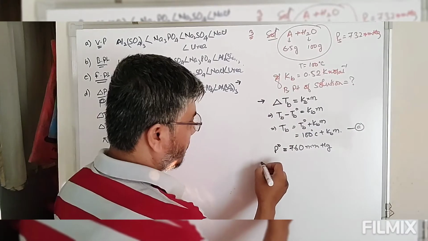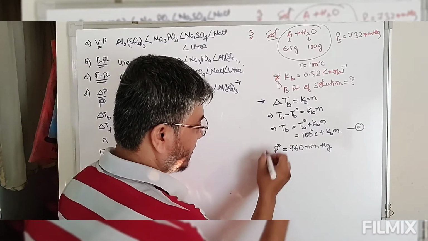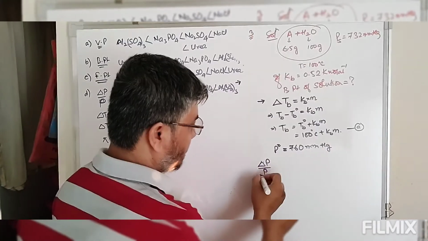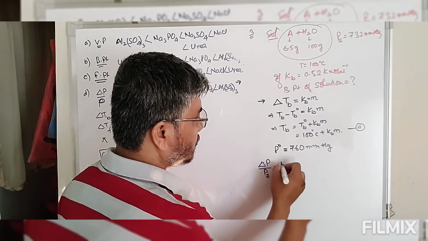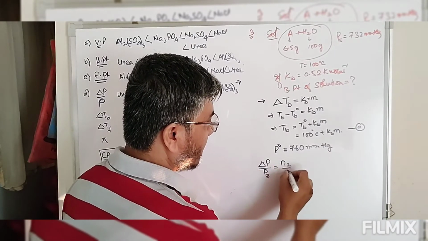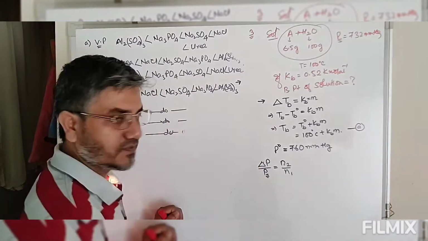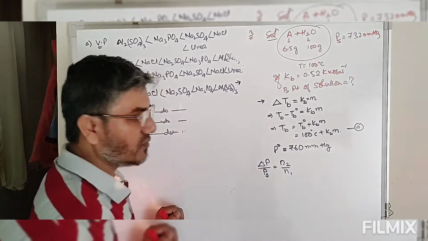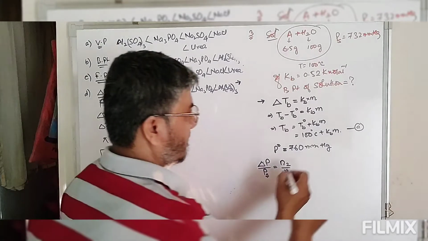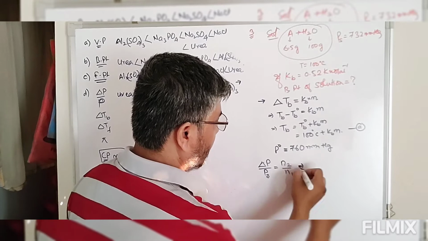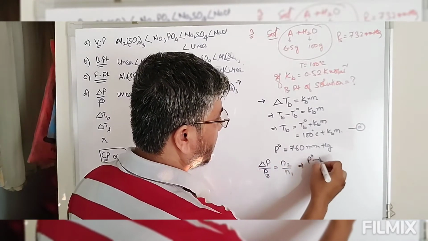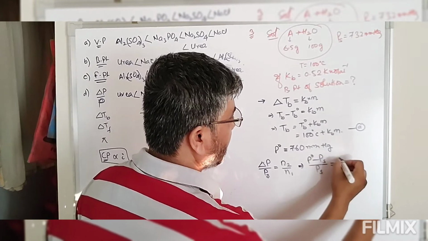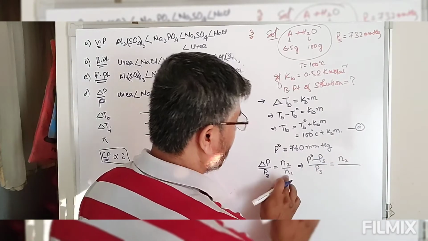So now we have the relative lowering of vapor pressure, delta P by Ps, which is equal to N2 divided by N1. N2 is the number of moles of solute, N1 is the number of moles of solvent. Therefore, delta P, that is P naught minus Ps, divided by Ps, is equal to N2 divided by the number of moles of water. The mass is given as 100 gram divided by 18, that is the number of moles of water.